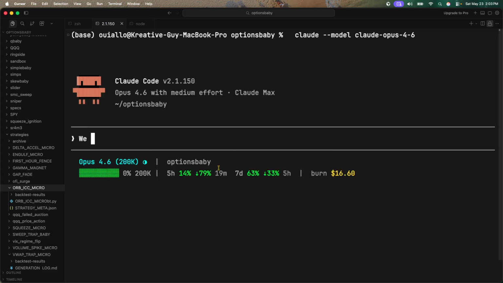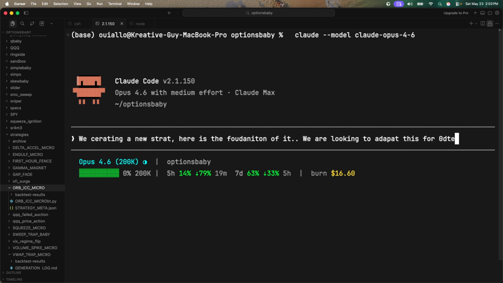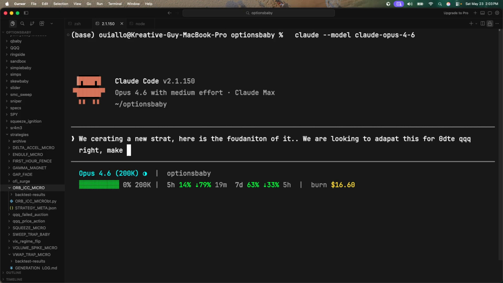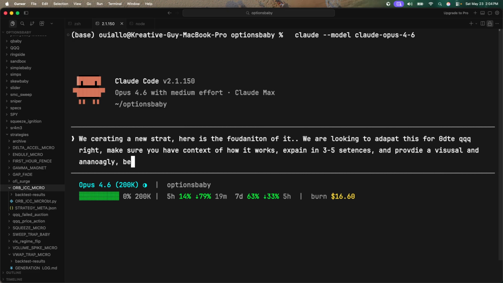All right. We are creating a new strat. Here is the foundation of it. We are looking to adapt this for 0 DTE QQQ, right? Make sure you have context of how it works, explain in 3 to 5 sentences, and provide a visual and analogy before we get into the work.